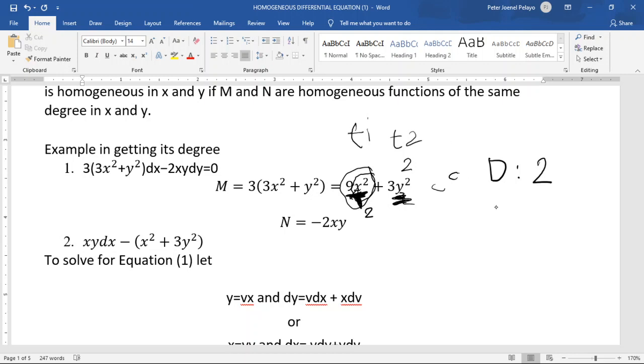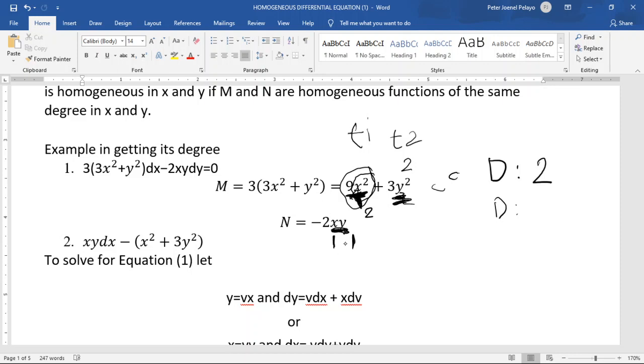Hanapin natin yung degree. Titignan natin yung variables, x and y. Ang degree ng x is 1, kasi x raised to 1, while y has a degree of 1 din.